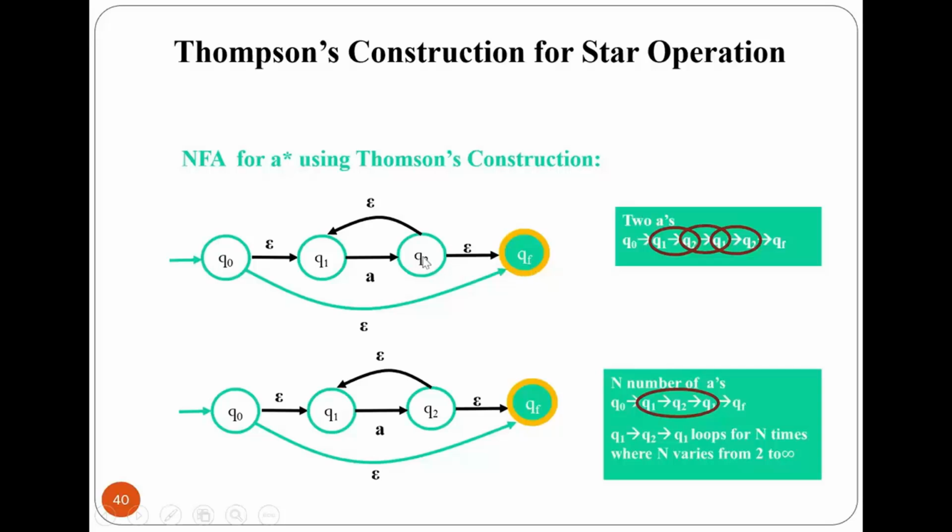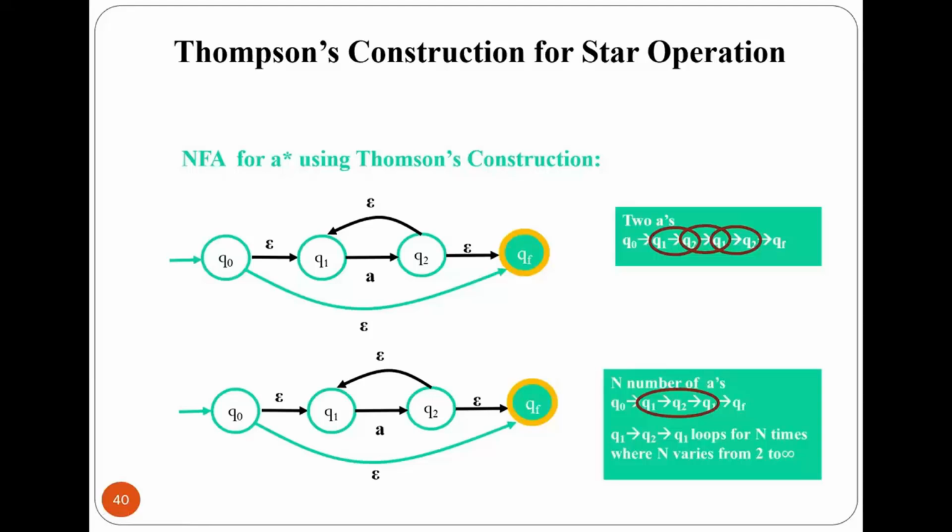So this is how I cover 2A. Likewise, if I want to cover NA, where N ranges from say 3, 4, 5, 6 up to infinity, I'll keep on moving in this loop Q1, Q2, back to Q1 till the number of A's which are supposed to be covered are completed. So this is how I draw the Thompson's for A star.